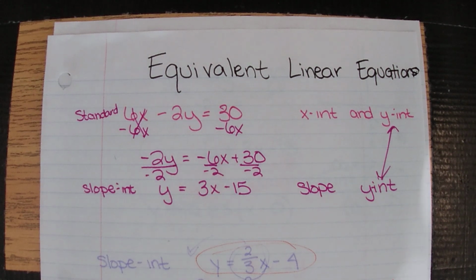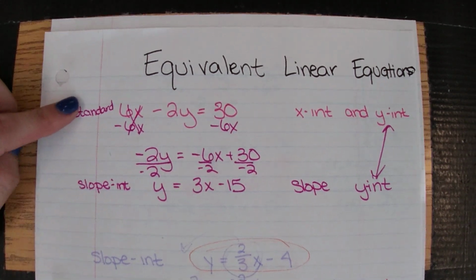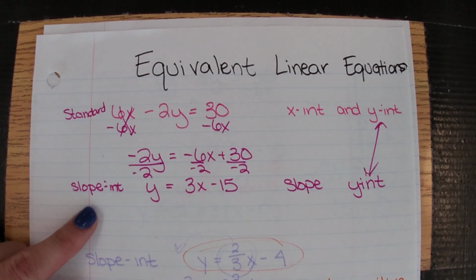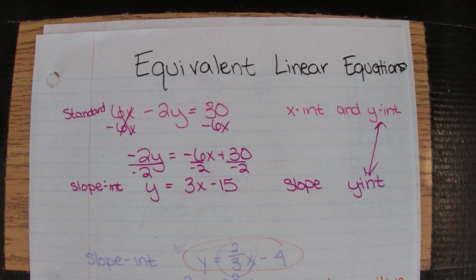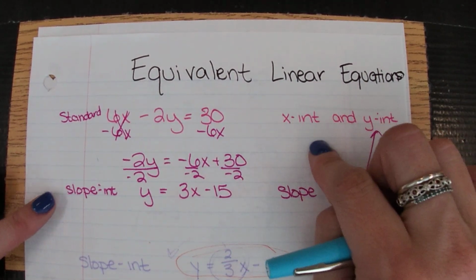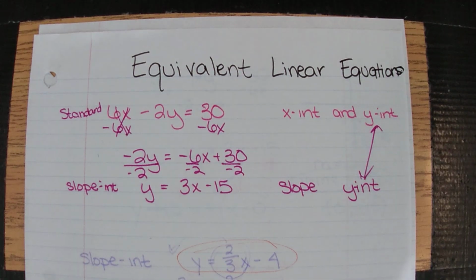So if I ask, what things are we able to find in standard form that we can't find in slope-intercept form, we should recognize that the benefit of standard form over slope-intercept form is that now I am able to find the x-intercept. I lost being able to find the slope, but I am able to find the x-intercept. So for your assignment, you're going to be doing a little bit of flipping between different forms, but also talking about and responding to what things you can find that you might not be able to find in different forms.